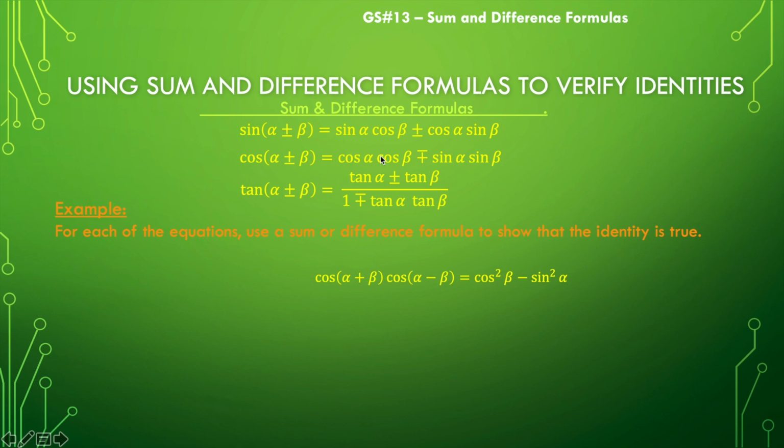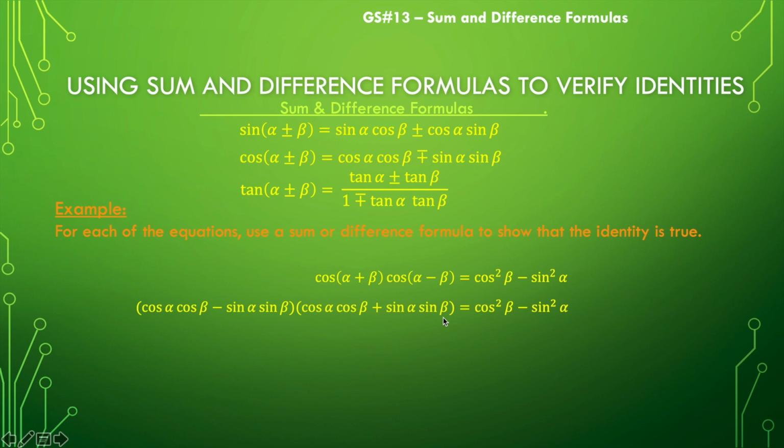And when I do that, I get something really long and ugly because cosine of alpha plus beta is cosine alpha, cosine beta minus sine of alpha, sine of beta. And cosine of alpha minus beta is cosine alpha, cosine beta plus sine of alpha, sine of beta.